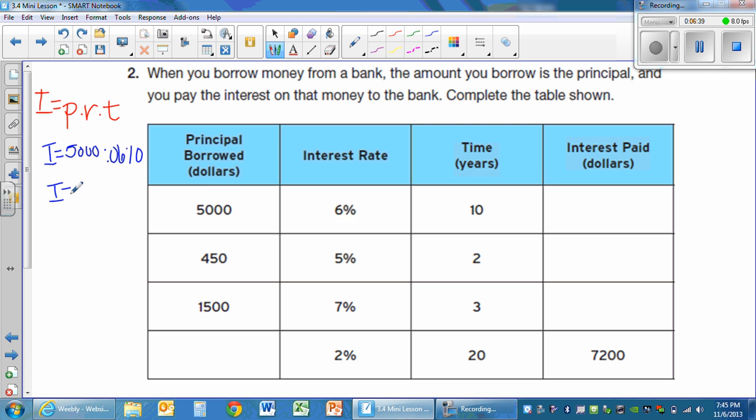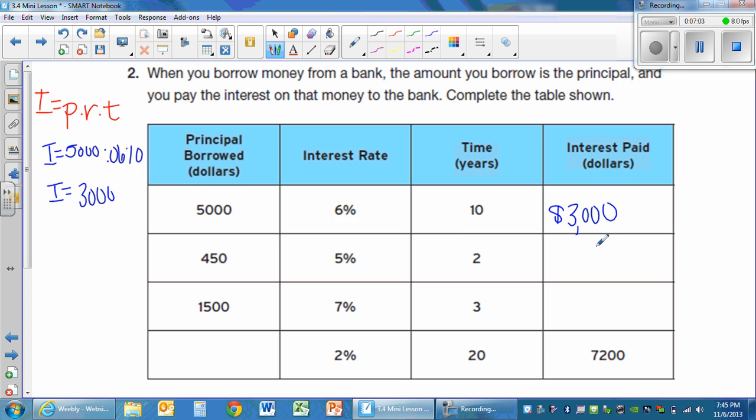When you multiply all of those together, you should get $3,000 you would owe the bank on top of the money that you already borrowed from them.